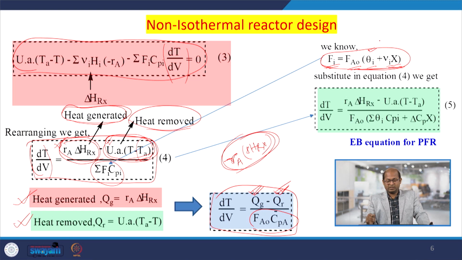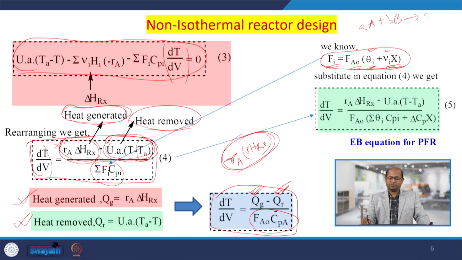So, theta is the ratio of the moles. So, if it is component A, it would be 1, and nu_i is the stoichiometric coefficient. So, if it is component A, it would be -1. Okay. So, depending upon the stoichiometric coefficients for A, B, C, D, small a, b, c, d.